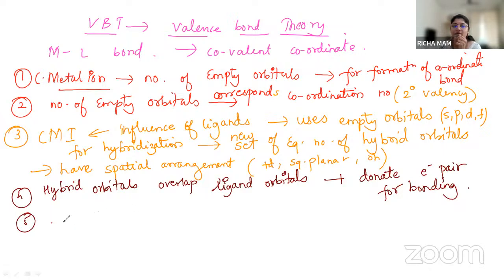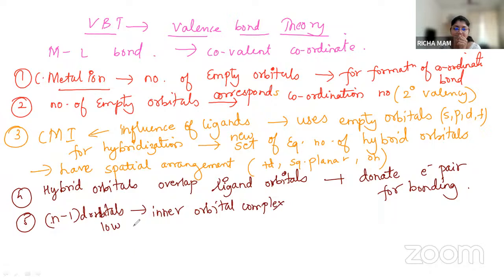Suppose you are using the n minus 1 d orbitals for hybridization, it forms an inner orbital complex, or a low spin complex.